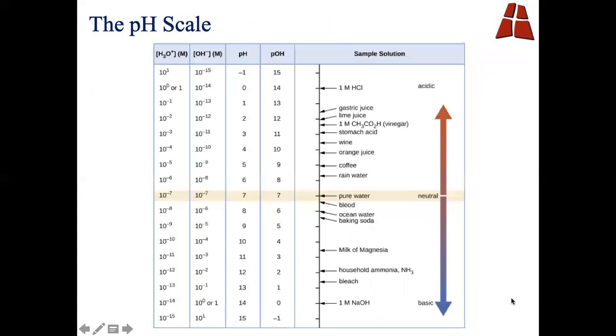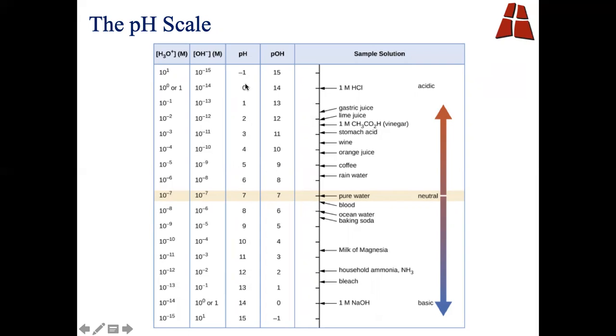Right, and so from that, we can then derive our pH scale. So I'm sure most of you have heard whether things are acidic or basic, they're often identified by their pH. And so this chart from your textbook does a good job showing you both the concentration of hydroxide and concentration of hydronium, how they're essentially inverse to each other, always adding up to 10 to the minus 14th.